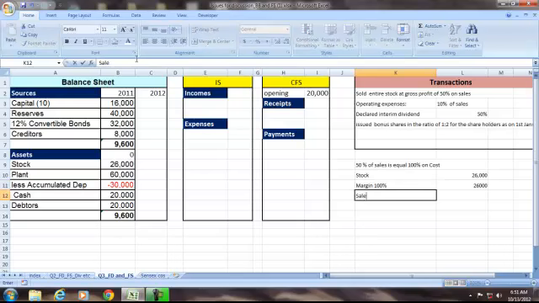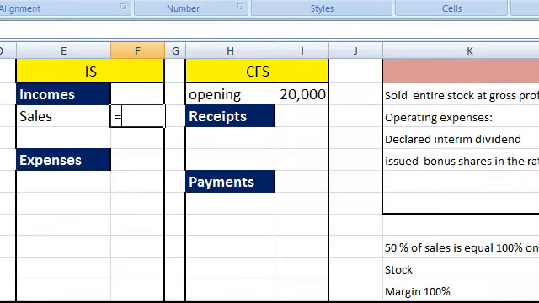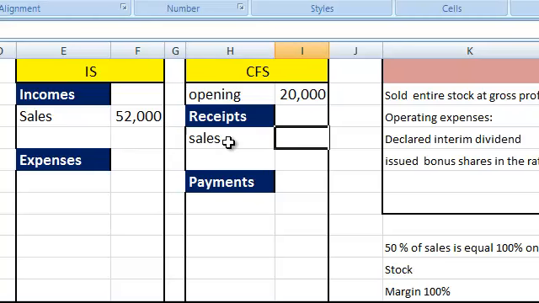So therefore sales is equal to 26 plus 26, 52,000. Sales is equal to 52,000. And let us assume that the sales is for cash. Sales is equal to 52,000, also a cash flow.